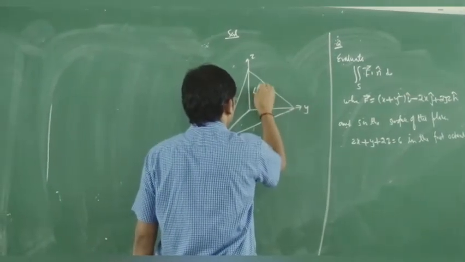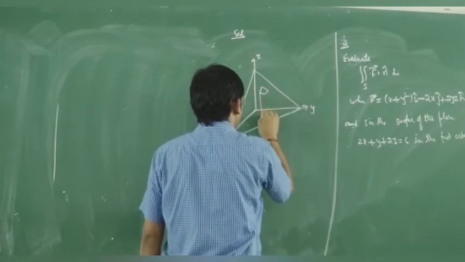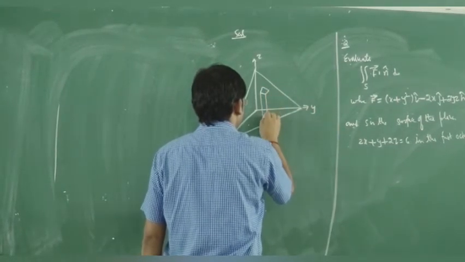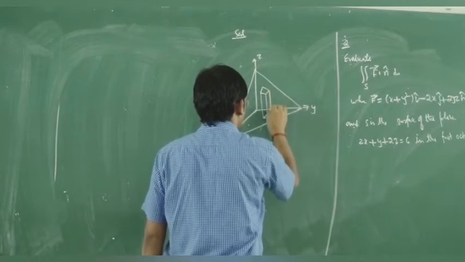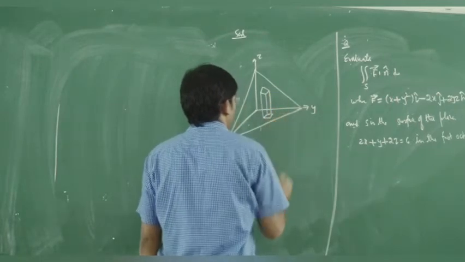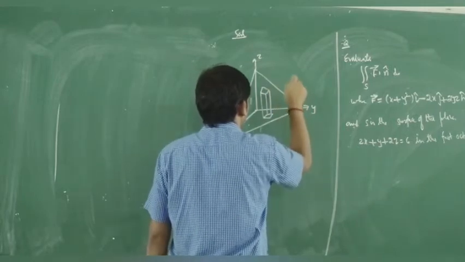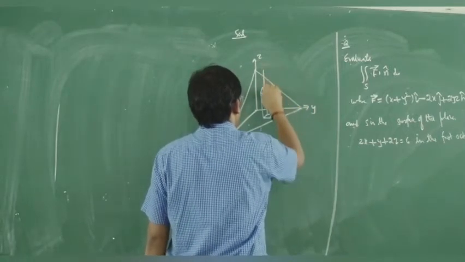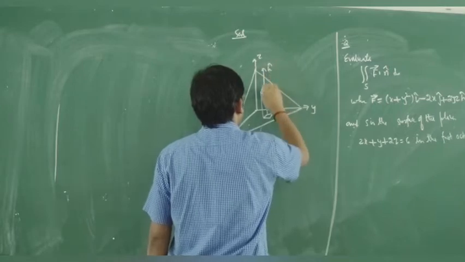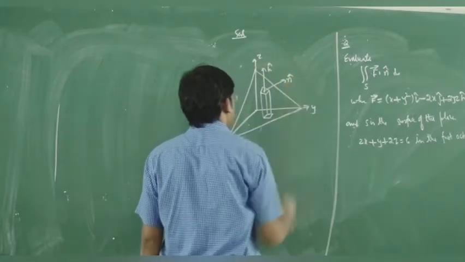So this will be like this. Say this is your elementary area. This is your normal vector k, and the surface normal will be n cap.